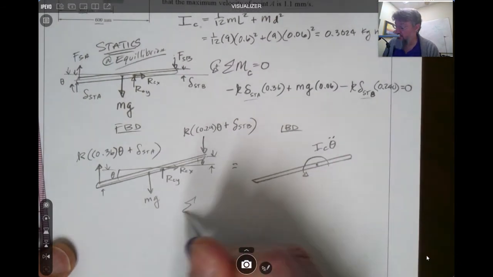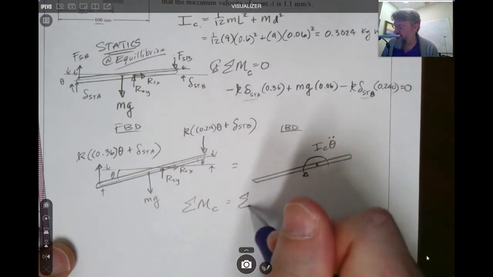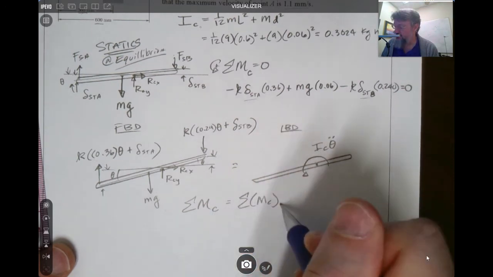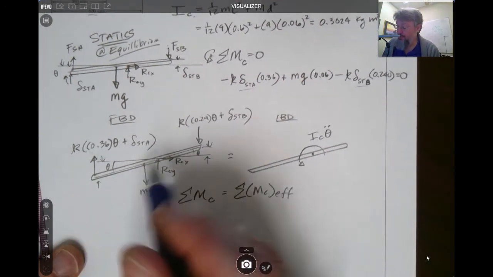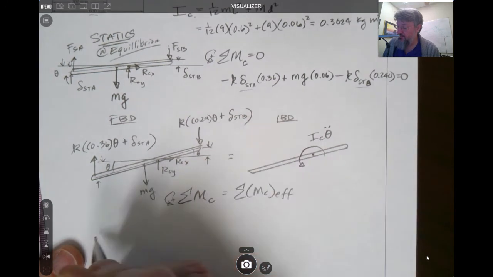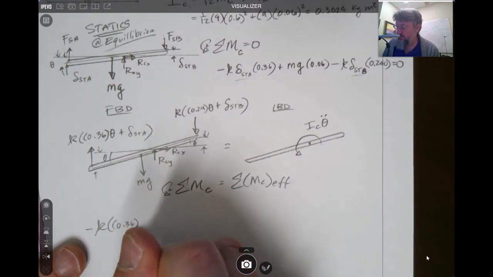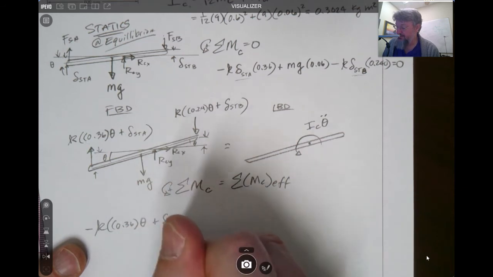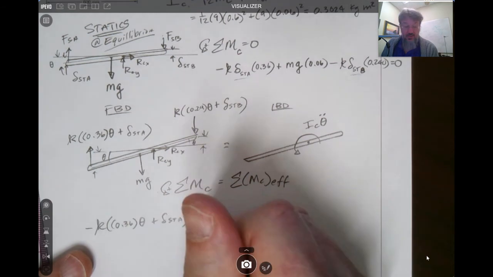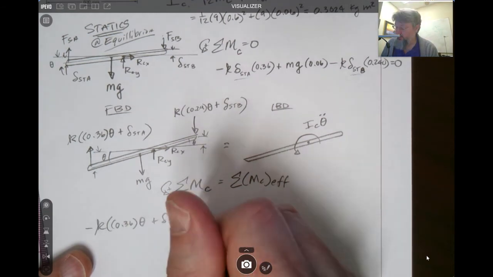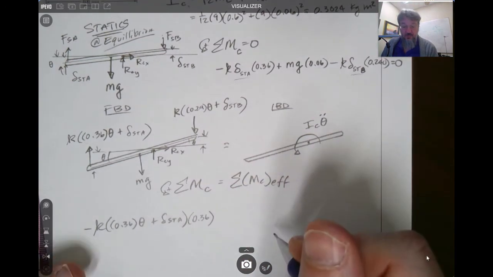So if we take the sum of the moments about C, and I'll still call it the sum of the effective moments about C, we'll have negative K times 0.36 theta plus the static deflection, times the distance 0.36, right?